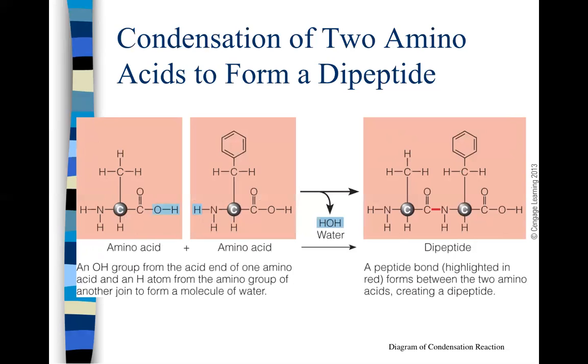And then that acidic group, the carbon with the double bond to oxygen, instead of having the OH, that's replaced by nitrogen. So that carbon will be connected directly to nitrogen to form a peptide bond and a dipeptide. And you can have proteins that are many, many amino acids long and have multiple peptide bonds.